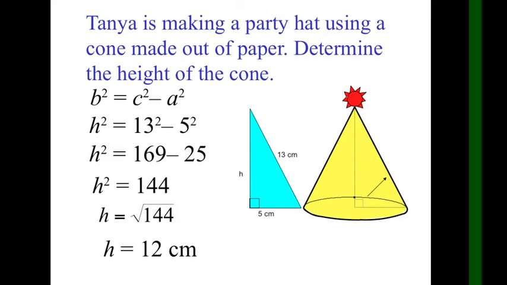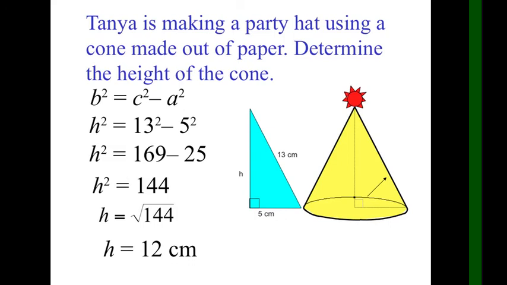Okay? So ganun lang kadali ang pagkuha ng sides or the missing side of a right triangle by using the Pythagorean theorem. Either gagamit ka ng c squared equals a squared plus b squared, or a squared equals c squared minus b squared, or b squared is equal to c squared minus a squared.